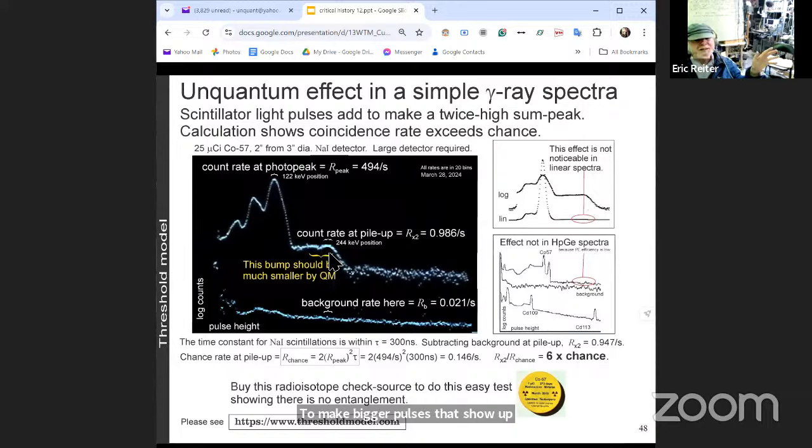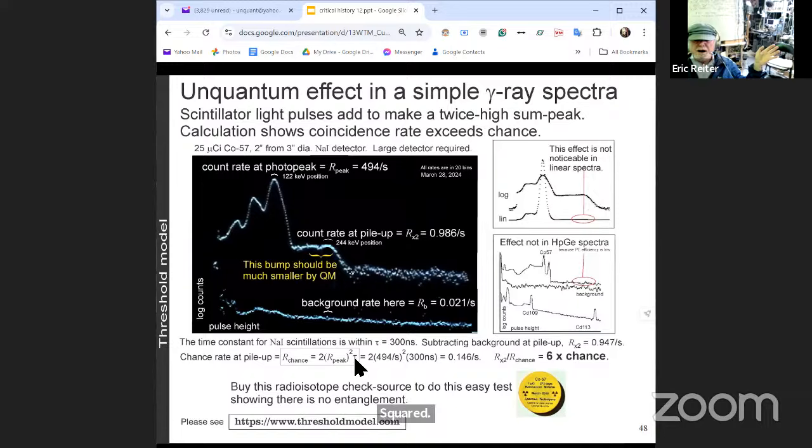That's what this is in the twice high part of the spectrum. Horizontal is pulse height. And you count how many pulses are here, what rate. And then you use the chance equation, pretty much like before. It's a slightly different equation. You use the rate squared. There's a factor of 2 in it.